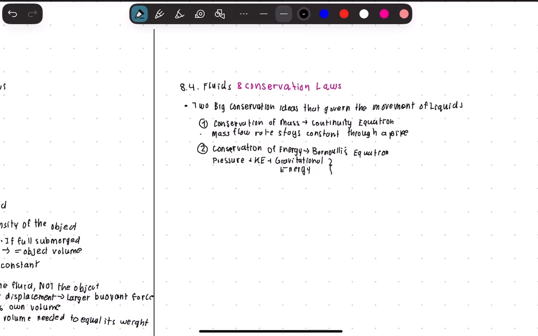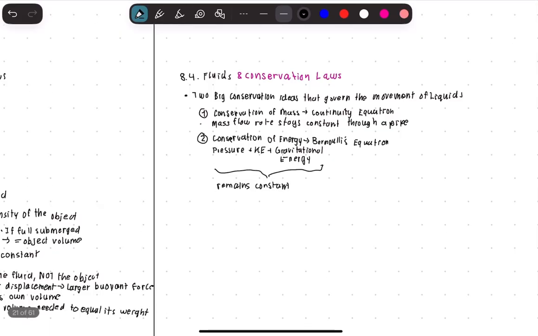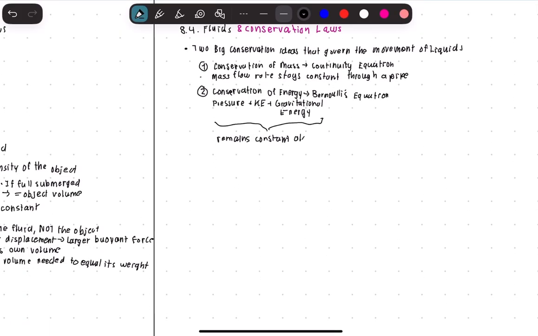All of this remains constant along a streamline.